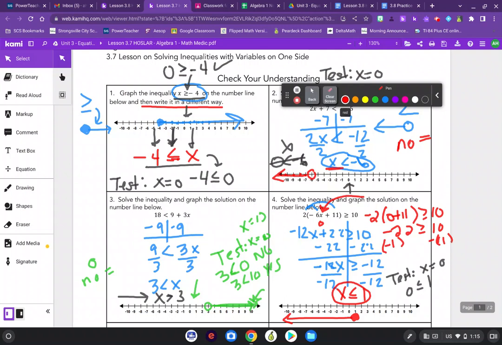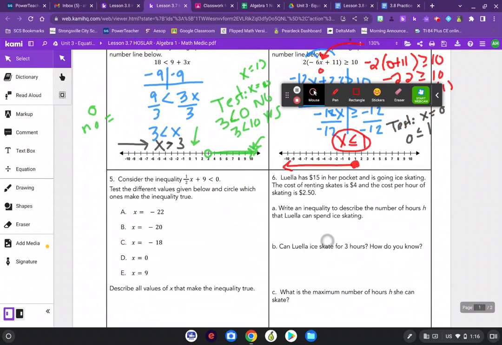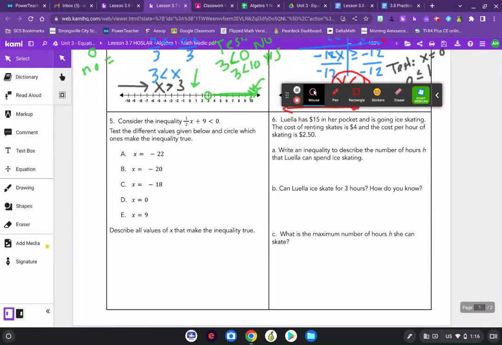And that's one of the things that we talked about in class, that in order to maintain this true statement, I have to flip that inequality symbol when I divide or multiply by a negative. So that's one of the things we'll be talking about today or the next few days.